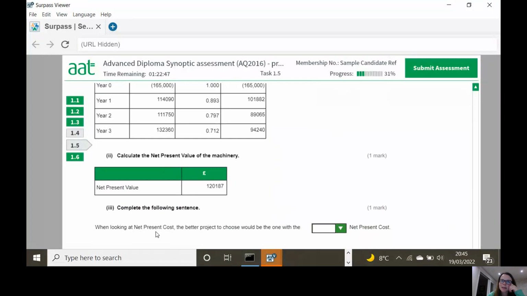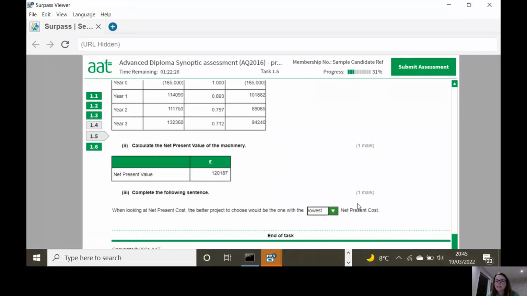If you're dealing with net present cost, obviously the higher, the worse it is, because you're now dealing with a cost. So when looking at net present cost, the better project would be the one with the lowest net present cost. And that's the end of that task. So sorry about that little slip up, but we got there in the end.